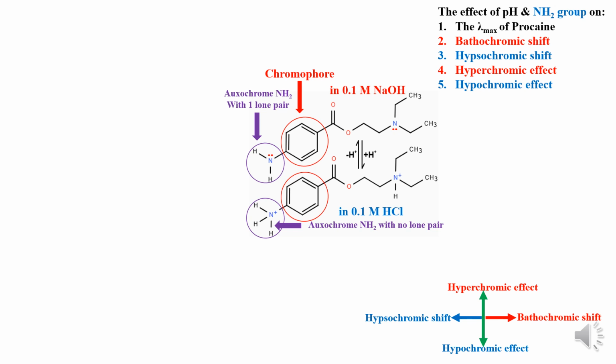And therefore, under acidic condition, the primary amino group, after it is getting protonated, no longer functions as an auxochrome. And even in the side chain, the tertiary nitrogen atom is also getting protonated. So these are about the structural changes that happen in the procaine drug molecule, both under basic condition as well as acidic condition.